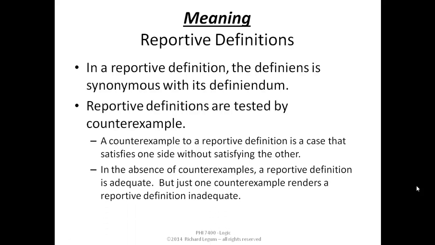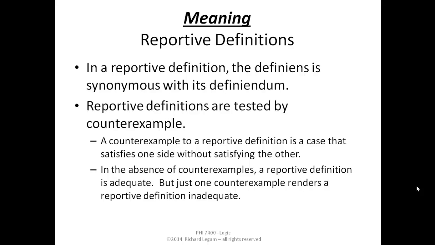And here's the operating assumption that we play by in general in thinking logically: if we're considering a definition, and deciding if it's good, we try to find these kinds of examples. These examples, by the way, are counterexamples. We mentioned that before, but the idea is that just one counterexample to a reportive definition shows that the definition is not very good.